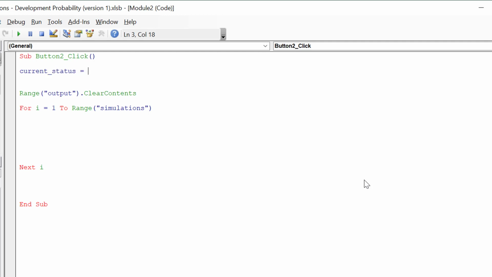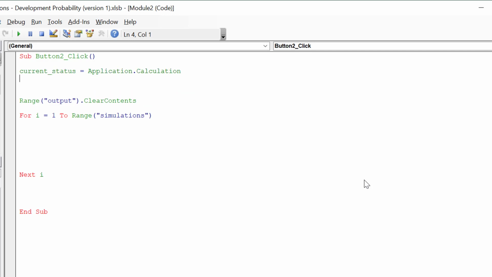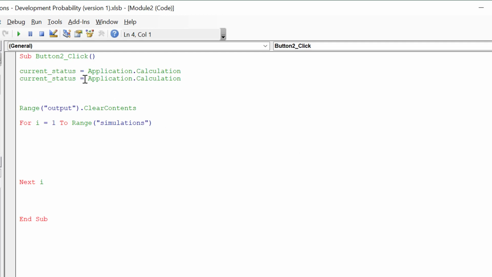status equal application.calculation. After you do that, that's just a variable, and then you set the application.calculation equals, let's put it to manual, and then every time we do it, we'll put active sheet.calculate.